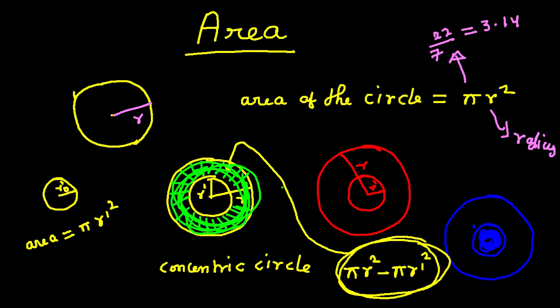Now we'll see some more examples related to this. Suppose that we are taking a rectangle, a square. We will not take a rectangle, we will take firstly a square. And there is also a square inside this square.